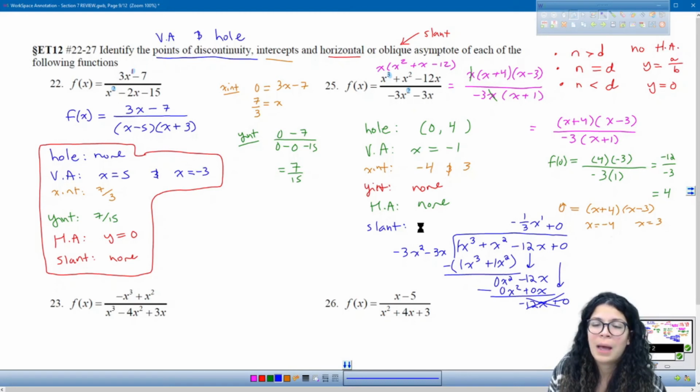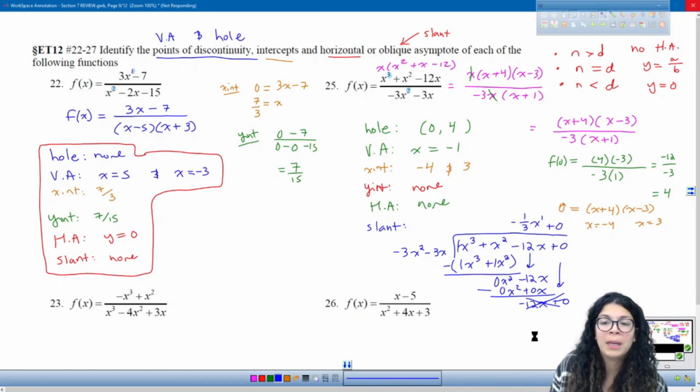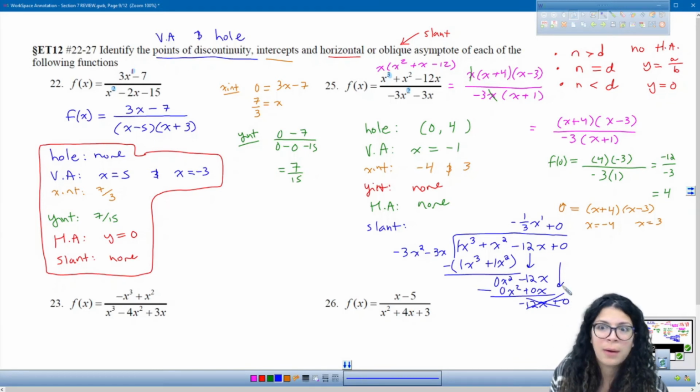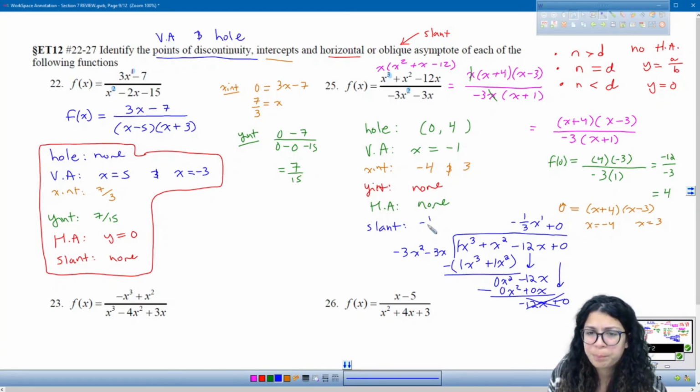So all you need is that slope and the y-intercept. The rest of it is going to be the remainder, which if you were dividing and finding what is this divided by this, then you would need that remainder. But in this case, for the slant, you disregard the rest of it. All you need is that slope, and then the constant tells you the y-intercept. Because there is no y-intercept, that is just the line. It's the line y equals negative 1/3 x.